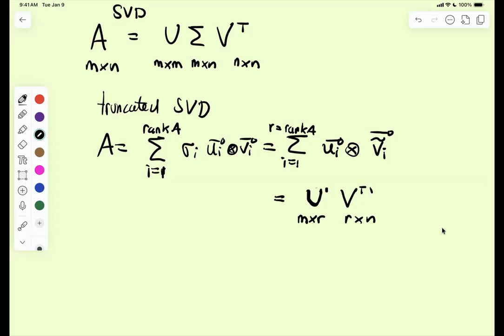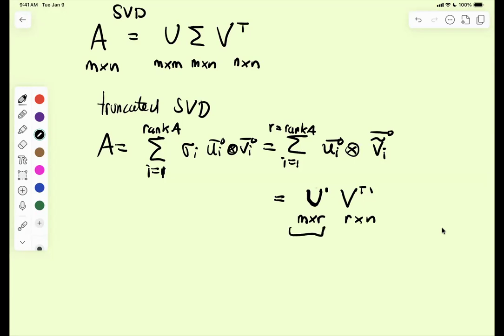The matrix U' just keeps the first R eigenvectors, and the matrix V' keeps the first R rows, rescaled. Okay, so that's why it's called truncated, because it's literally just a portion of the original matrices.